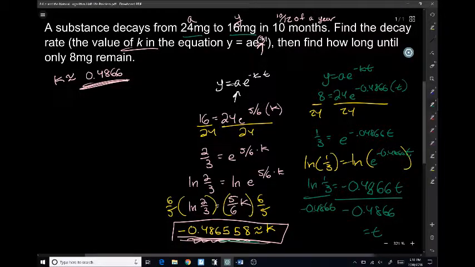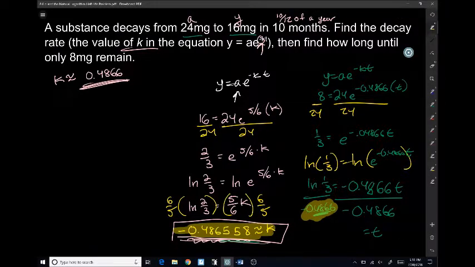I am not going to type any of this into my calculator, so you keep seeing just like this written over and over. I'm going to keep using this number here that I have stored in my calculator. This is another reason why you do all the calculations last. So in my calculator, I'm going to do the natural log of 1/3 and then divide it by that previous value that I have stored.